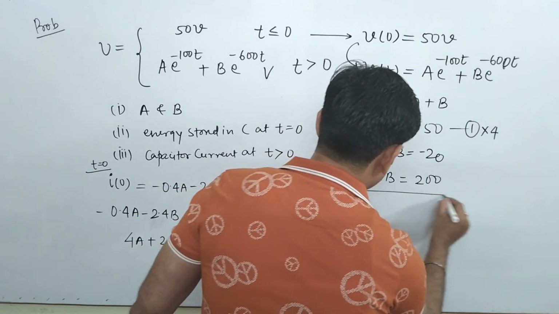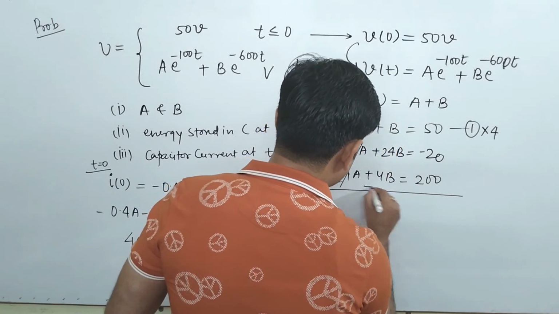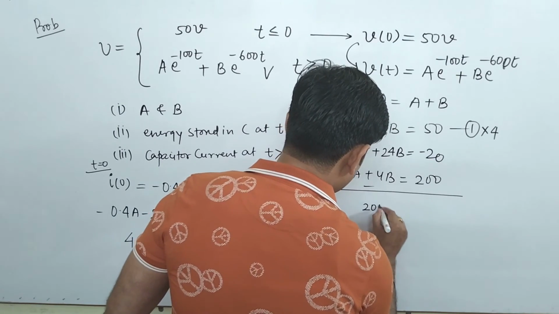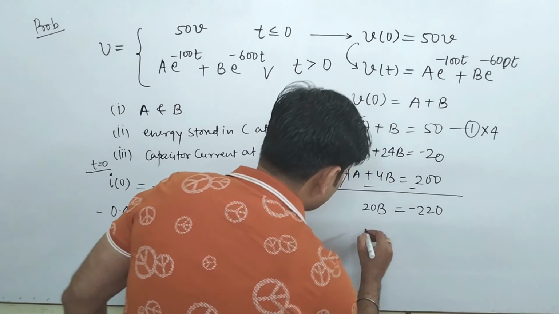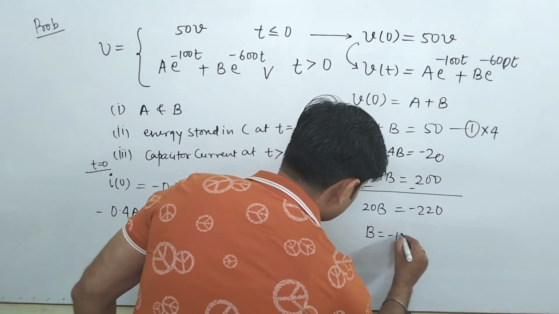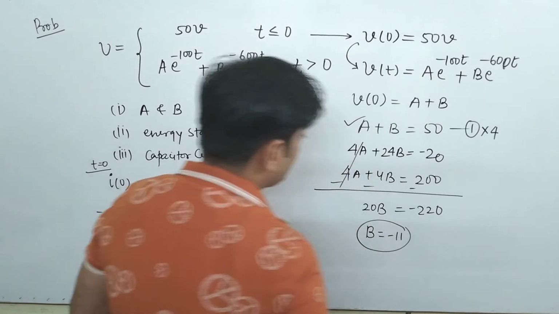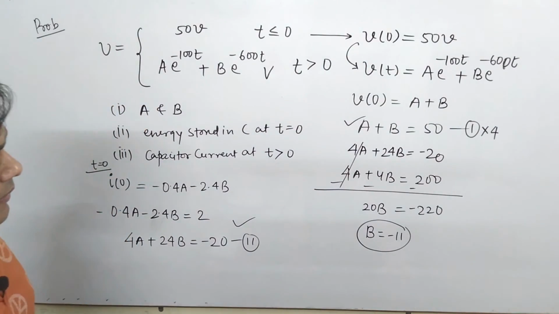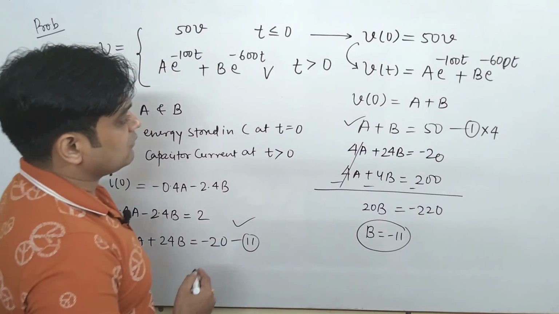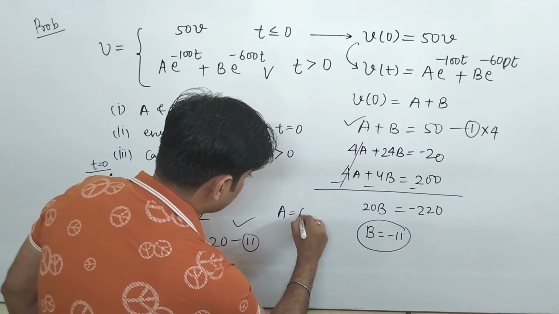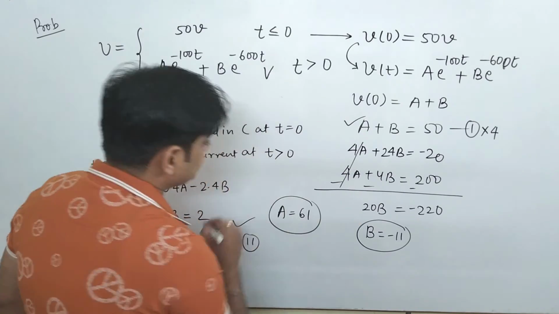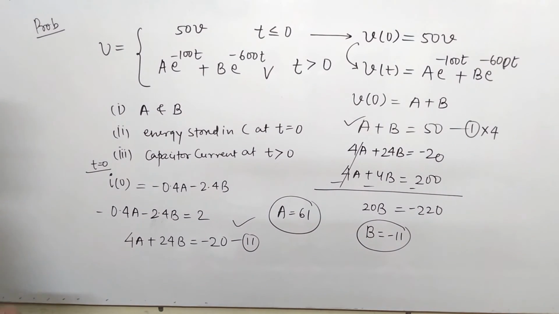Please subtract it. That comes to be 20b, that is minus 220. So the value of b comes to be minus 11. Once you get the value of b, you can find the value of a. The value of a comes to be 50 plus 11, so that comes to be 61. So this is the value of a and b.